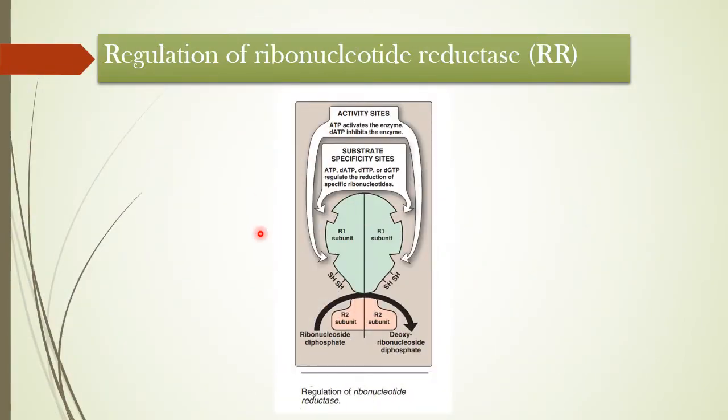Now we see the regulation of ribonucleotide reductase enzyme. Ribonucleotide reductase contains two important subunits. One is the R1 subunit, another one is the R2 subunit. R1 subunit has two sites. One site is called the substrate specificity site, and the other is called the activity site.